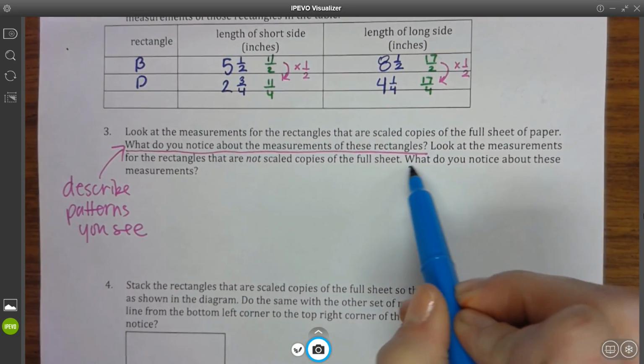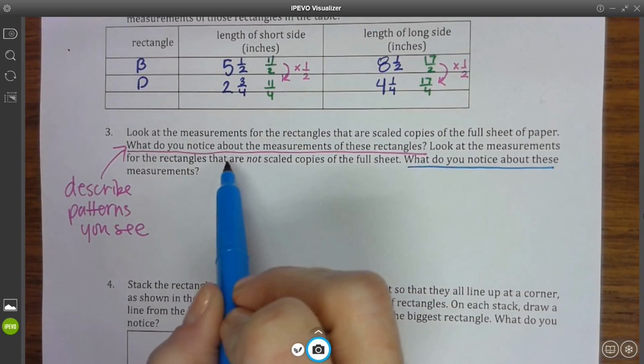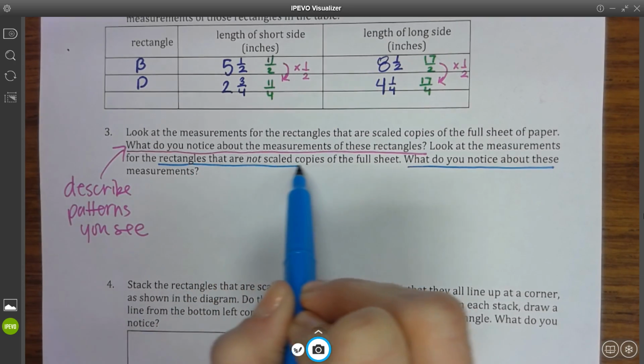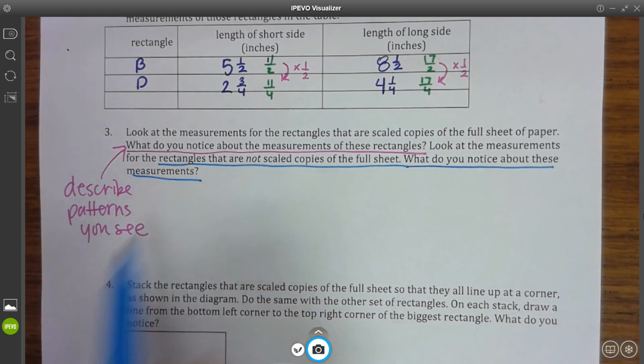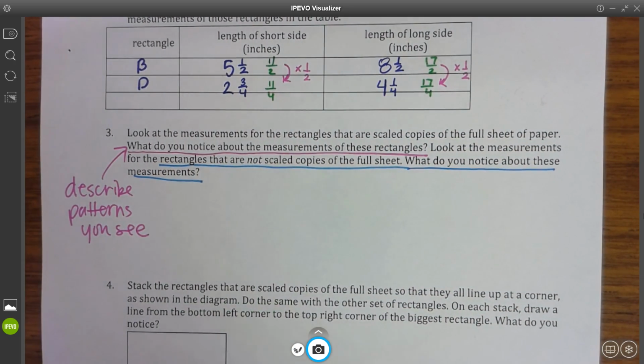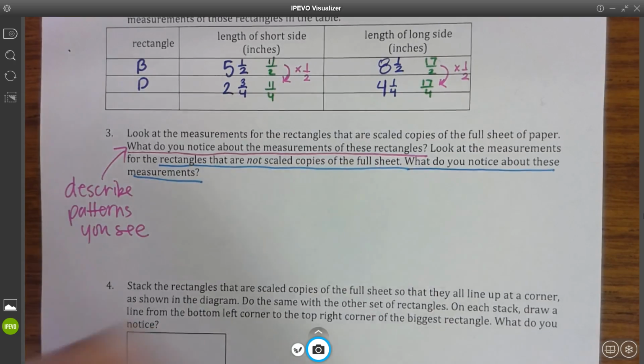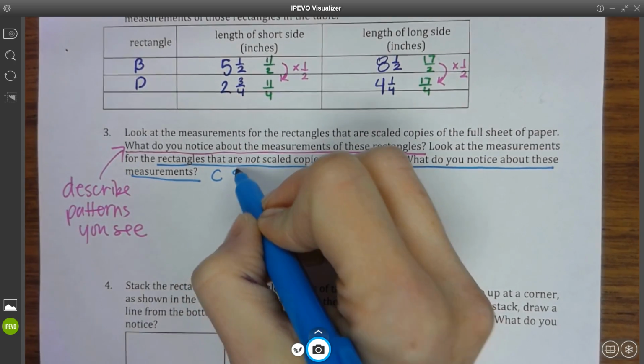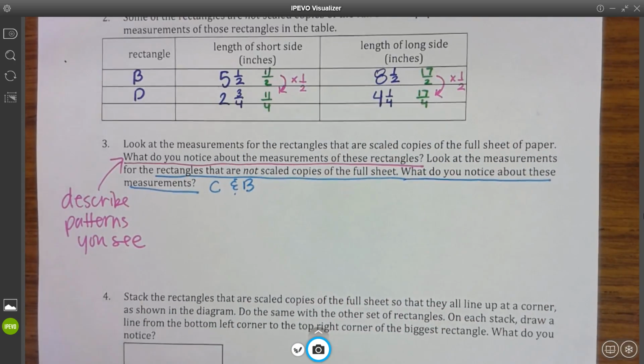Okay, so patterns. What kind of patterns do you find? And the second question, what do you notice? So these are the rectangles that are not scaled. What do you notice about those measurements? So the ones that were not scaled would be like C and B would be examples of not scaled.